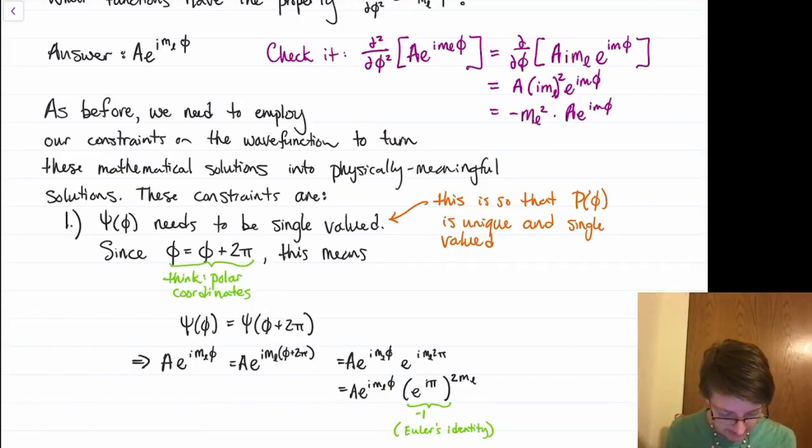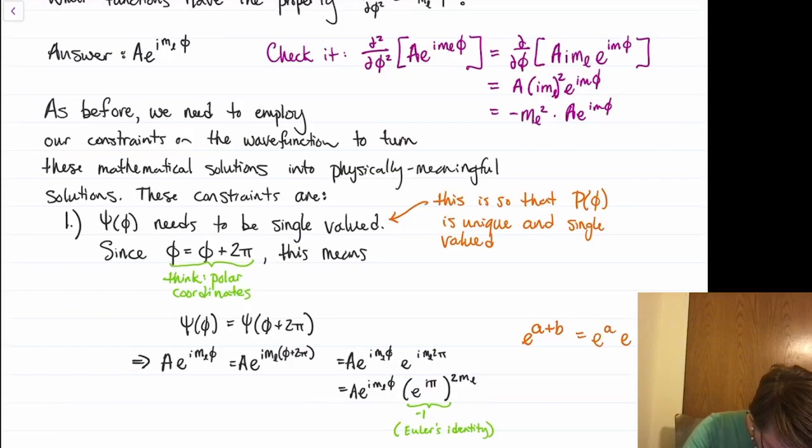And then the second rule that we should remember about how exponents work is that if I have something in my exponent that is multiplied within the exponent, that's the same thing as taking that exponent and raising it to a power. So again, my exponent rules. Here's my additivity rule, and here is my rule about powers.